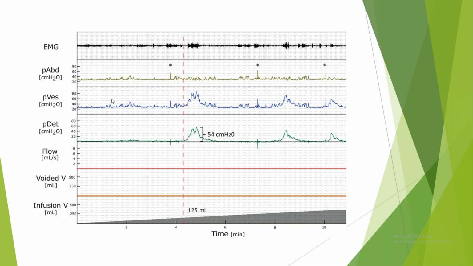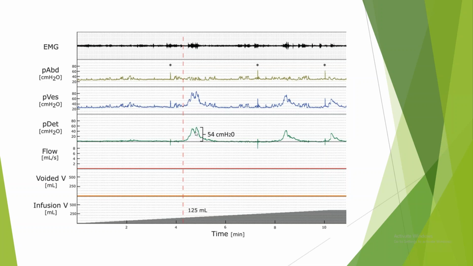It's a normal kind of filling phase of urodynamics, because there's a rise in detrusor pressure. The rise in detrusor pressure is less than normal. No, then it is detrusor overactivity because it's more than 15. See, during the filling phase, detrusor pressure should be less than 15.